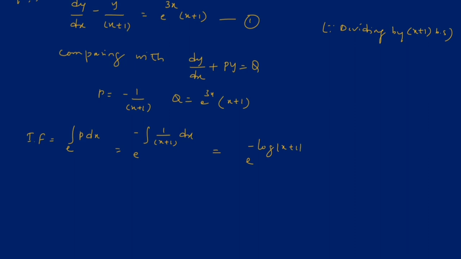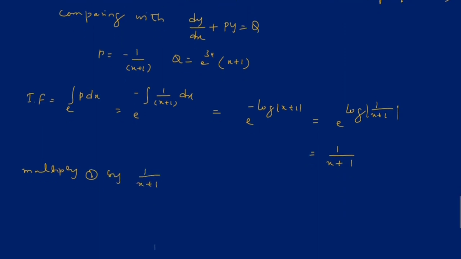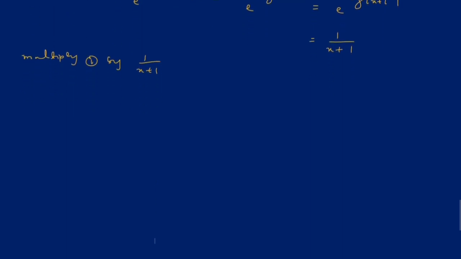Here again, applying the logarithm property, it becomes log of 1 upon x + 1. Again e to the power of log gets cancelled, and we get only 1 upon x + 1. Now multiply equation 1 by 1 upon x + 1.